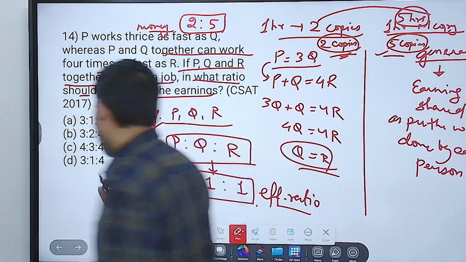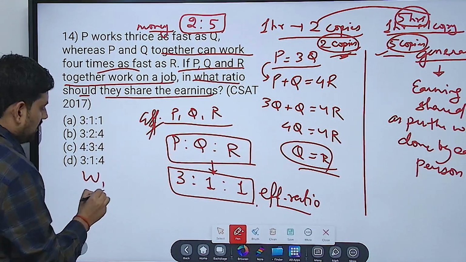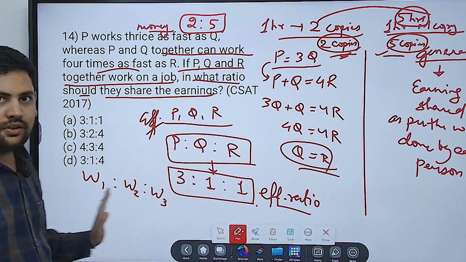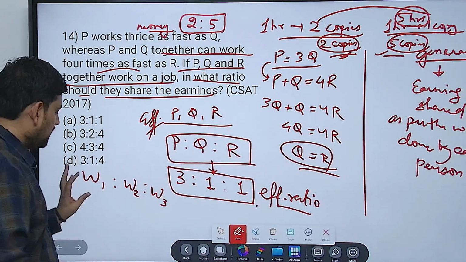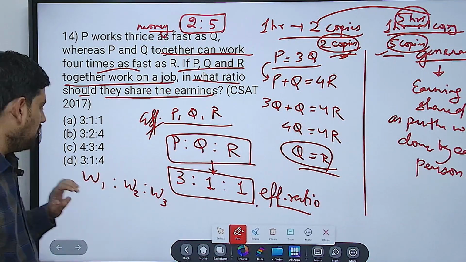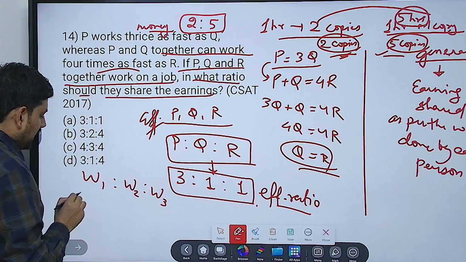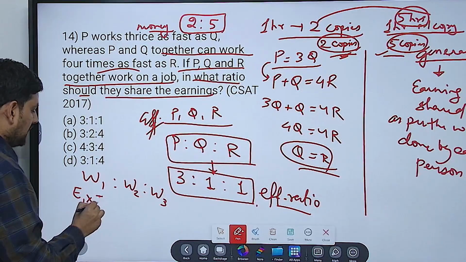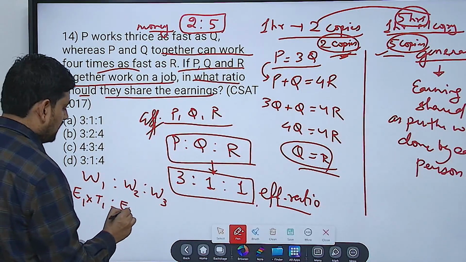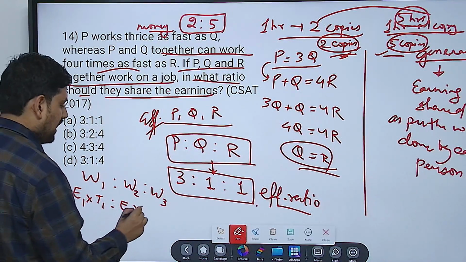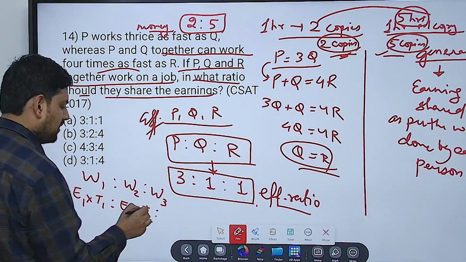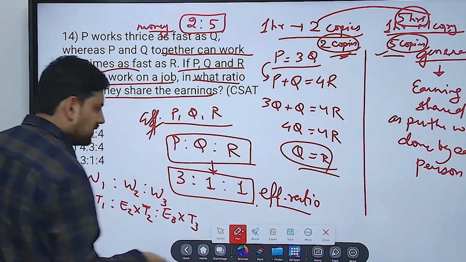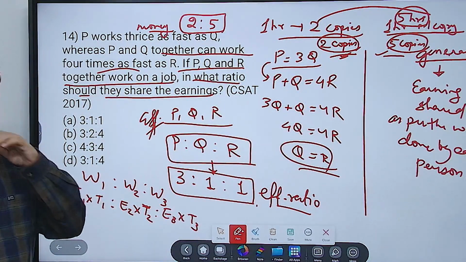Now I say that the share is always divided in the ratio of work. For us, it was work done by me, work done by you. In our case, what was the efficiency? Whatever was my efficiency into whatever time I worked. In your case, the efficiency you have into the number of hours you work. Let's say there is a third student, efficiency of the third student into the number of hours he worked. This will be the ratio, correct?